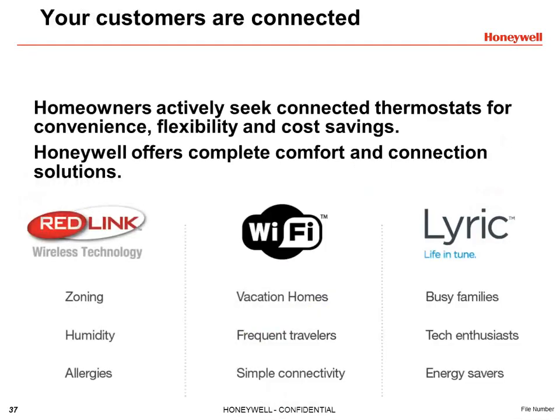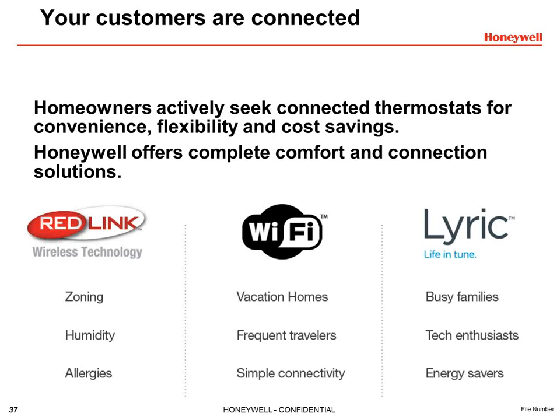So Honeywell really has 3 different platforms for consumers that want to be connected. There's the Redlink, which we're still going to talk about, but where that fits in is anytime you're looking to do something wirelessly, zoning applications come to mind, or you're trying to tie in IAQ equipment.